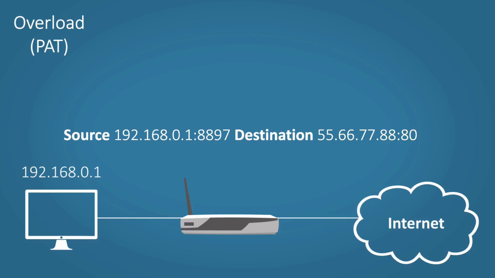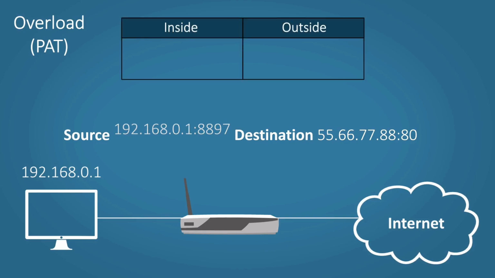Now the port number is very important here. Not only will it distinguish which device the data belongs to, but it also tells the device which application that data belongs to. Very simply, the router swaps out the private source address and port number, then swaps it for a public address and port number.